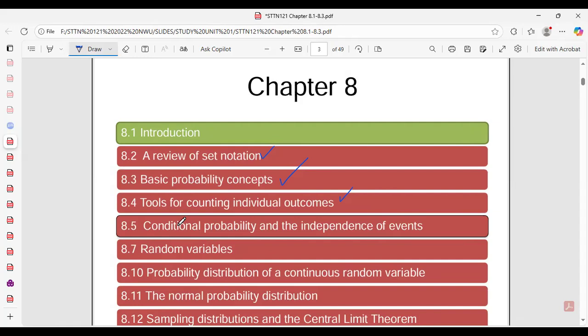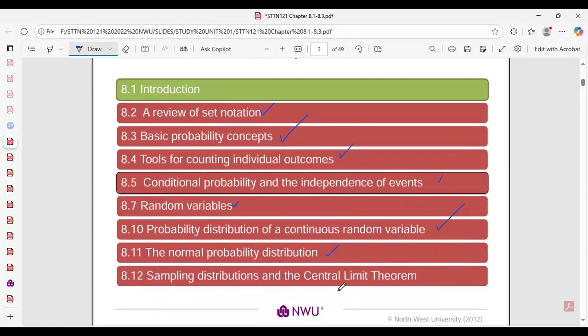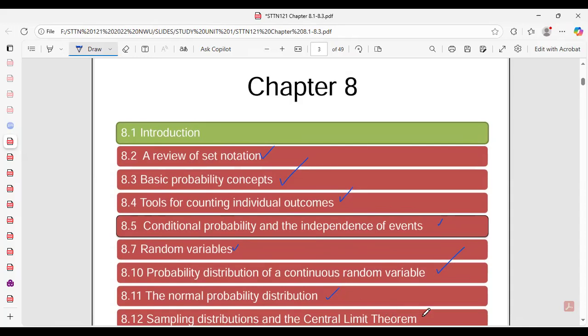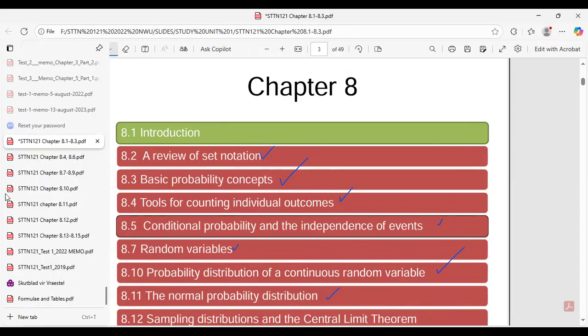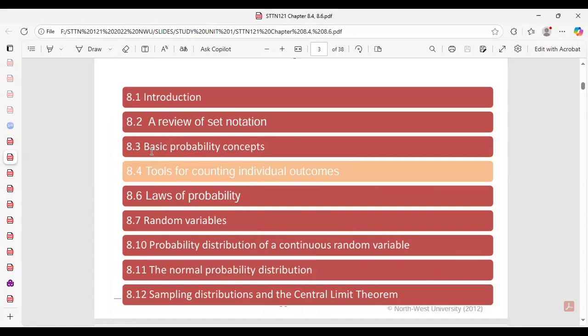So we're going to check conditional probability and the independence, the random variables, the probability distribution of a continuous random variable, the normal probability distribution, and also the sampling distribution and the central limit theorem. And then it's going to be the laws of probability, random variables, and so on.